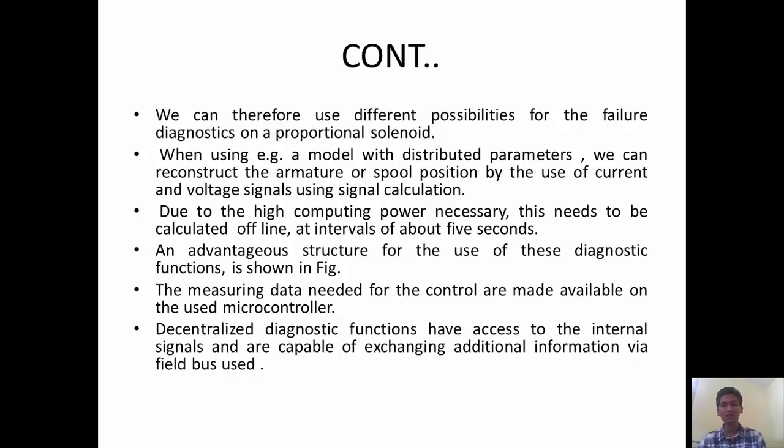The measuring data needed for the control are made available. All these signals, voltage and displacement, go to the microcontroller, and it will identify the errors. The diagnostic function has access to the internal signals and is capable of accessing additional information by the field bus.